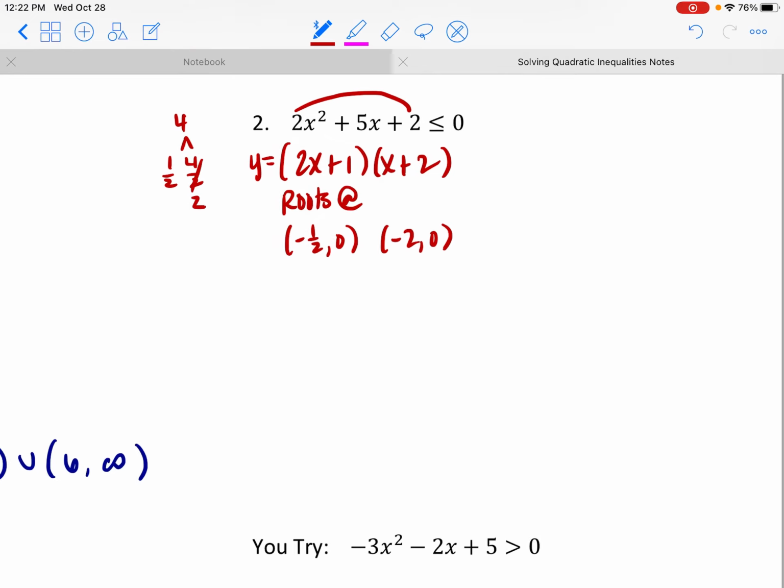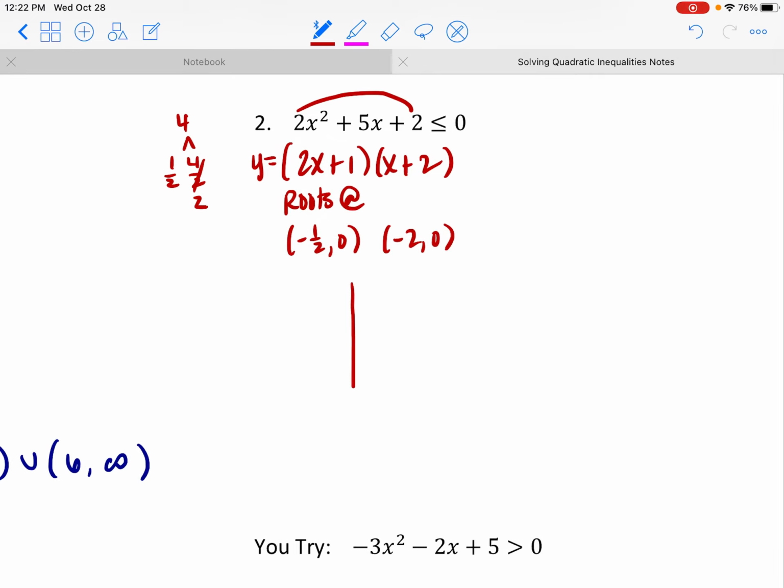So if I was to sketch this graph out at -1/2 and at -2, we're crossing the x-axis, and I don't even care that this isn't spaced out accurately.